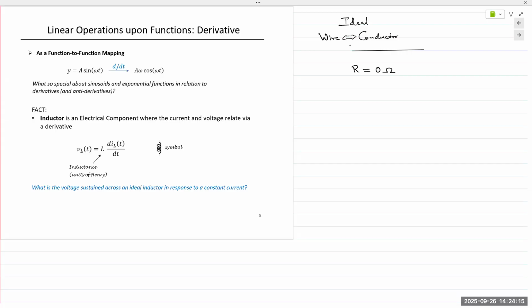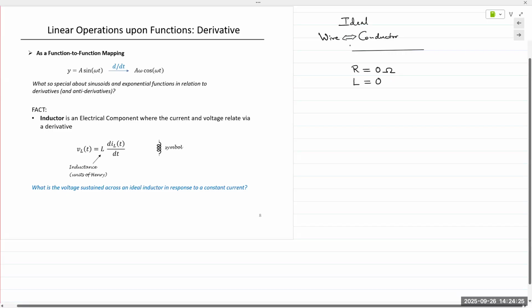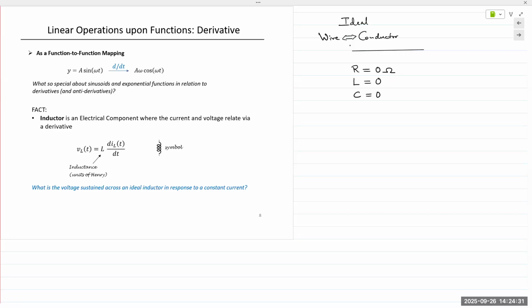So resistance is 0 ohms. Inductance, which I'm going to talk about in just a little bit, is 0. And capacitance is also 0. In real life, this wire would have some resistance, some inductance, and some capacitance.